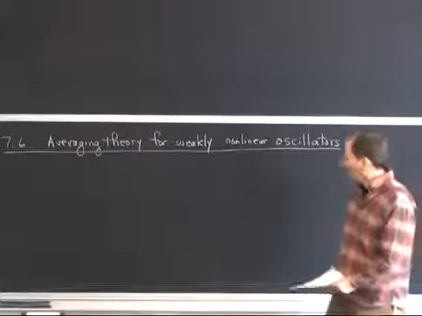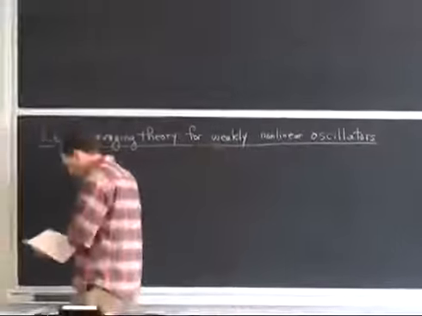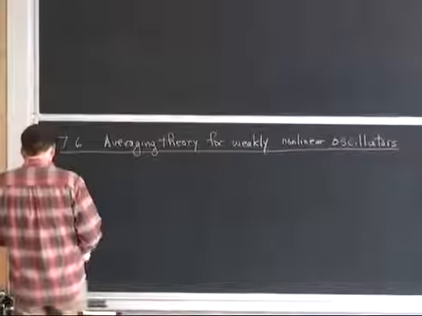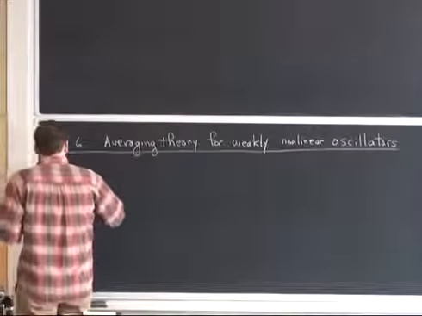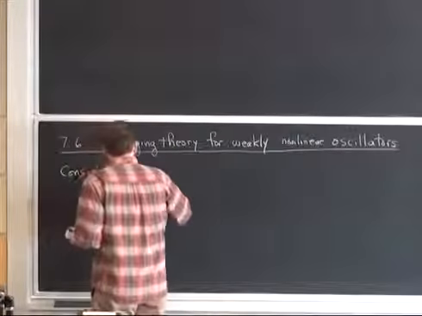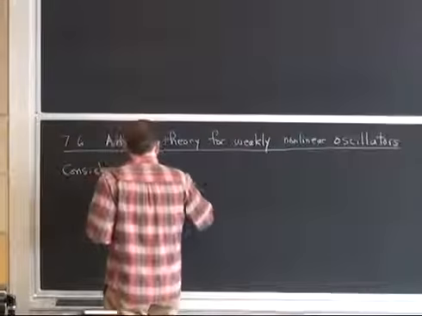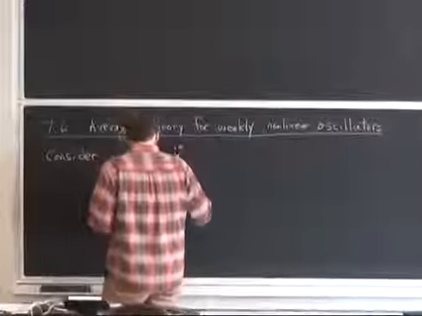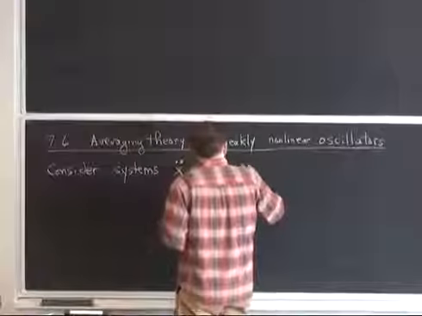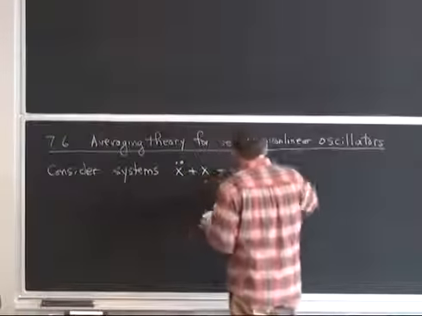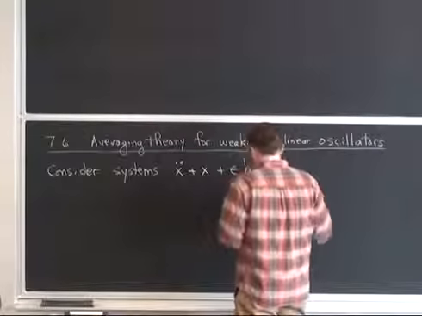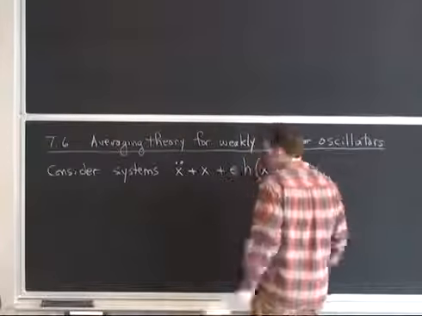Okay, anyway, so averaging theory, what's the idea? Well, let's consider systems that look like this: X double dot plus X plus epsilon times a function of X and X dot equals 0.